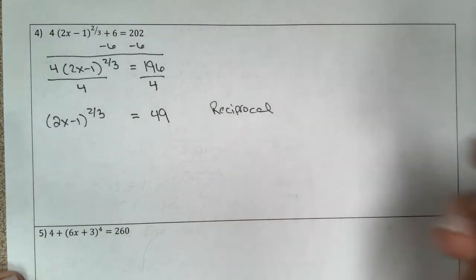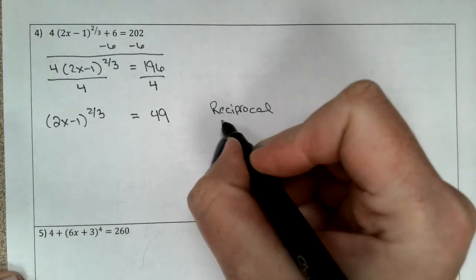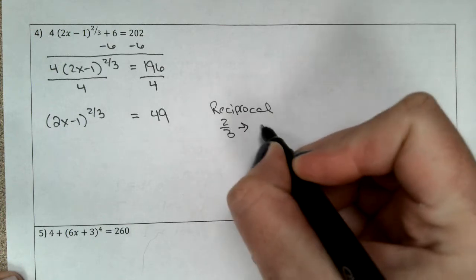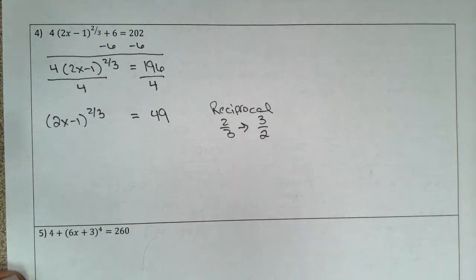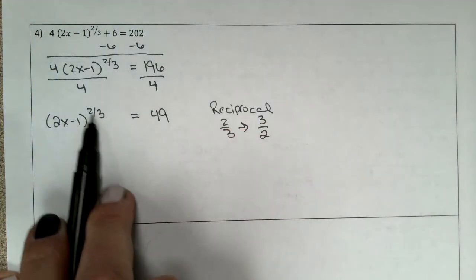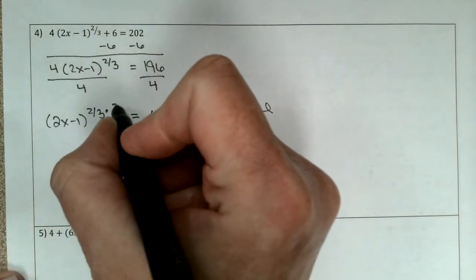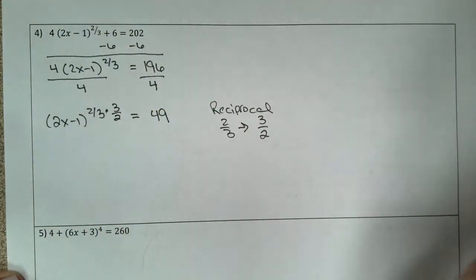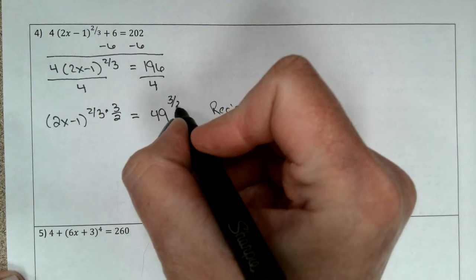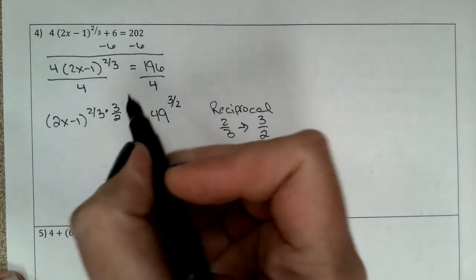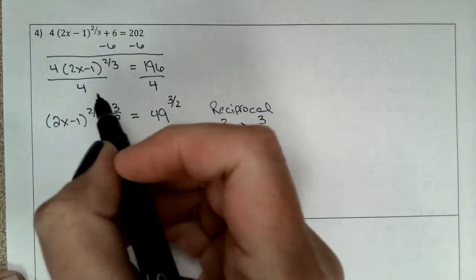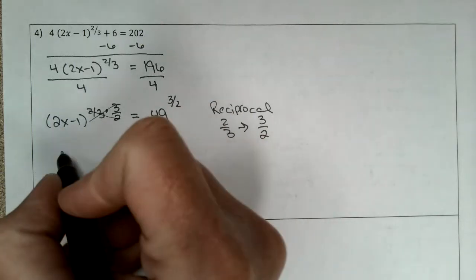I'm going to raise each side to the reciprocal of 2/3, which is 3/2. So whatever your power is here, we're going to raise it to the reciprocal. So when you multiply these, that just cancels out and that becomes 1.